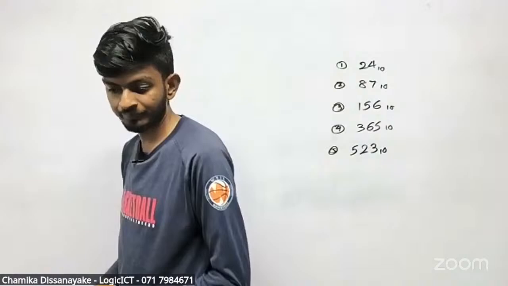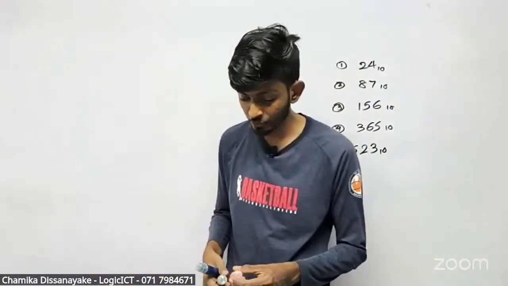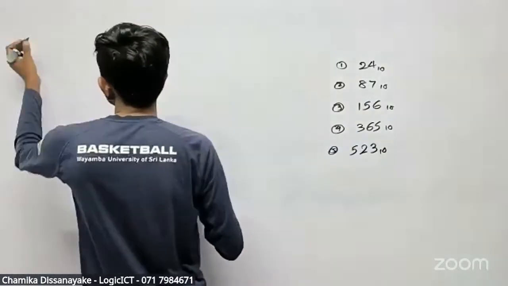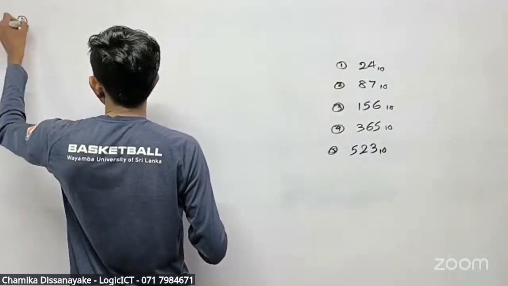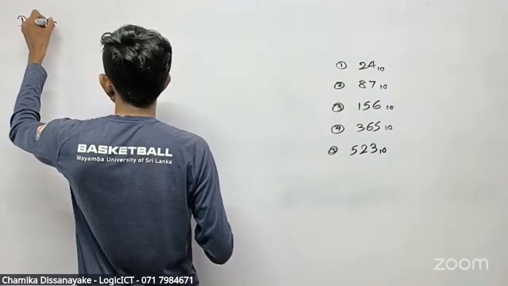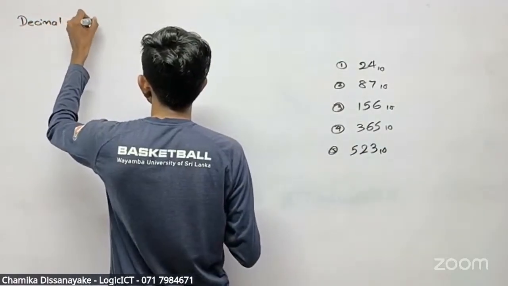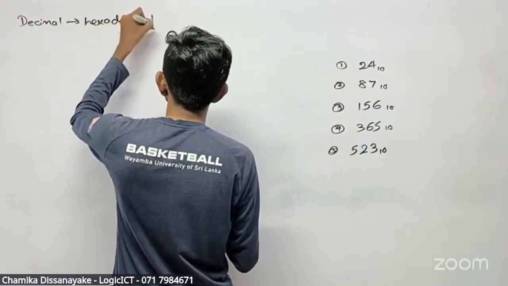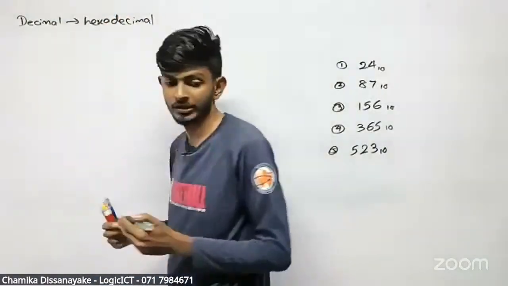Okay. The next one, decimal to hexadecimal. We are going to convert decimal numbers into hexadecimal.